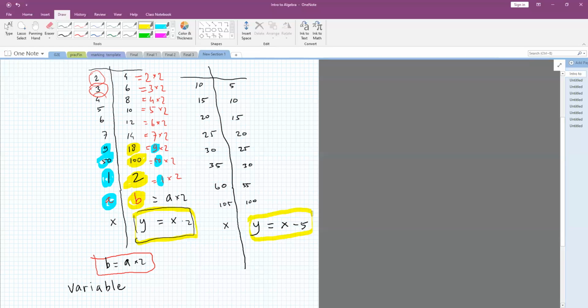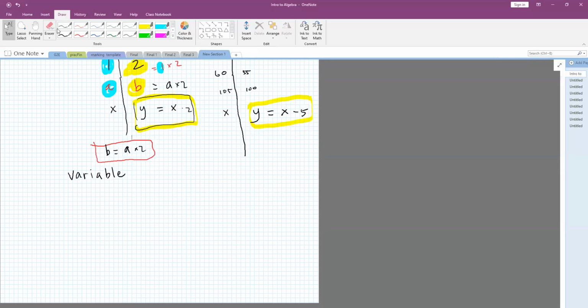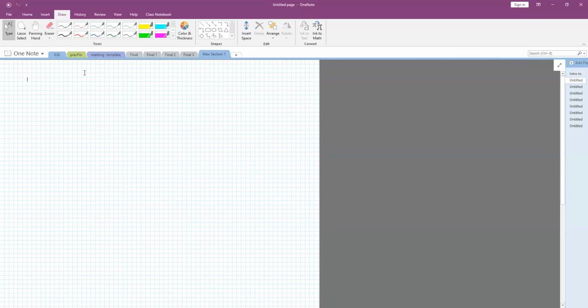Okay. Now, I want you to have a bit of play. So if I give you a table, now I want you to find the rule that connects these numbers.